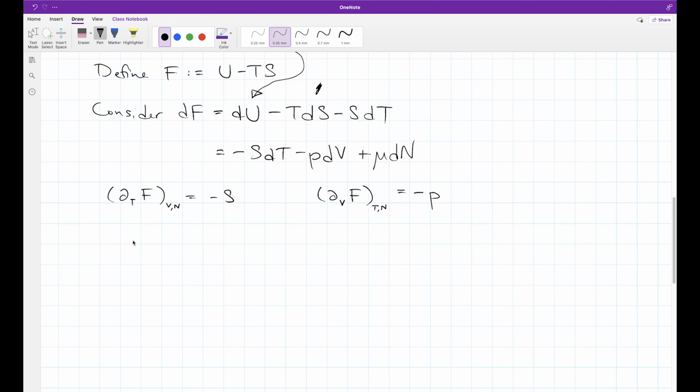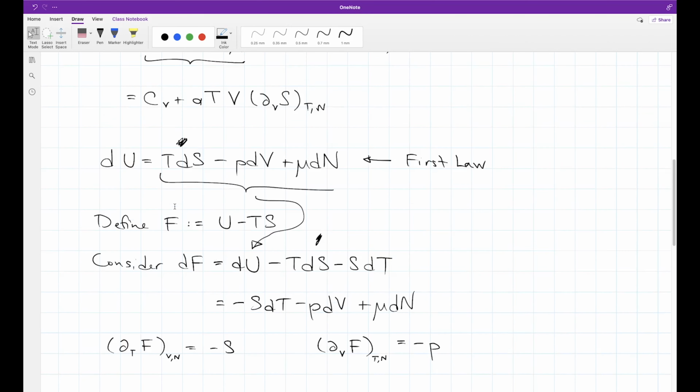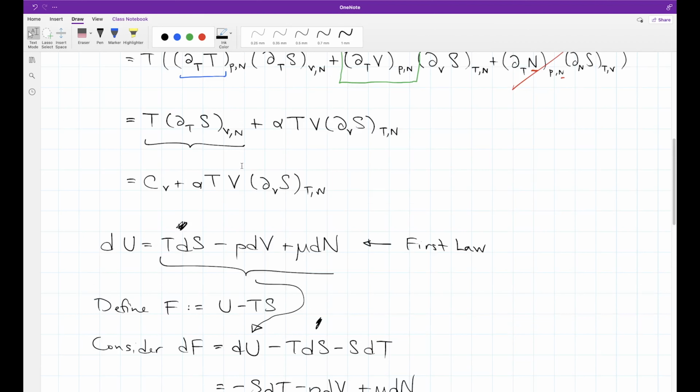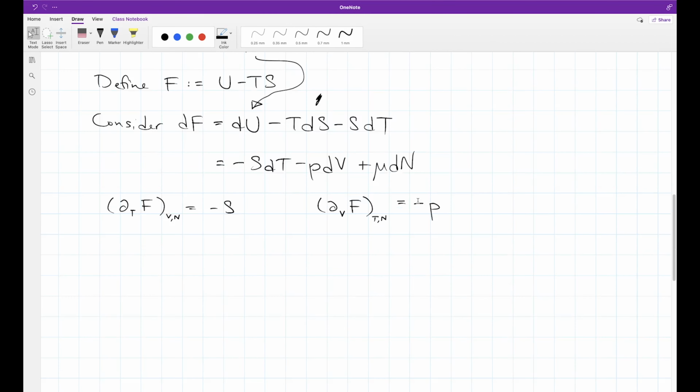Okay, now we were interested in the object partial V of S while fixing T and N. If we want to express that in terms of F, we get the following. Partial V of S fixing T and N is equal to minus the partial sub V of the partial sub T of F fixing V and N on the inside and then fixing T and N on the outside.